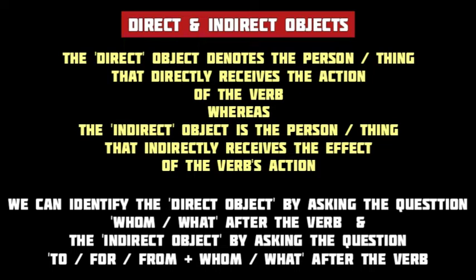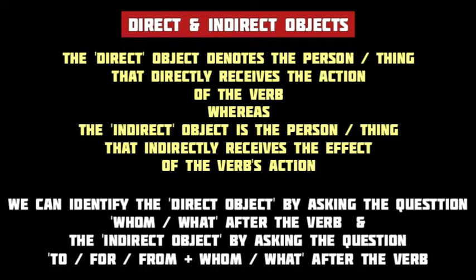Well, by definition, the direct object denotes the person or thing that directly receives the action of the verb. While on the other hand, the indirect object is the person or thing that indirectly receives the effect of the verb's action.